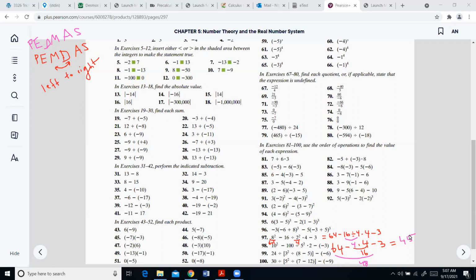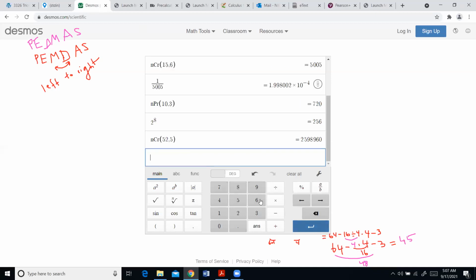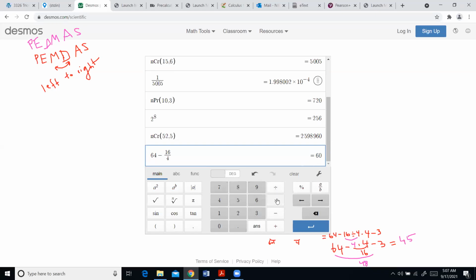How do I know? How can I check it? Well, of course, you have a little friend called a calculator, and that's another thing I shouldn't underestimate, because some people will just put it in a calculator. So if I just enter, to double check, 64 minus 16, divide this by 4, multiply by 4 again, and then subtract 3.